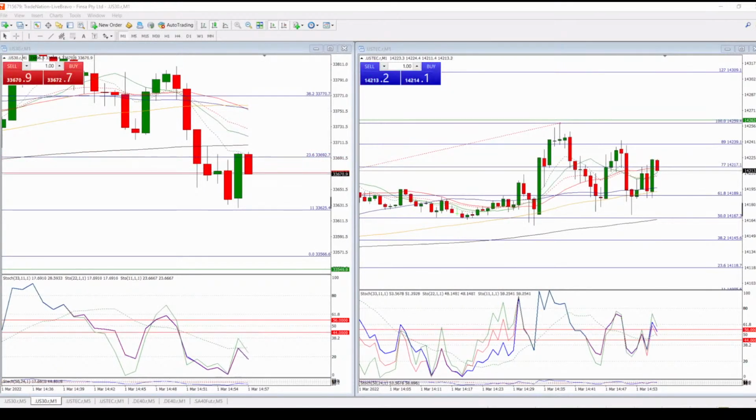Quite a huge range on the NASDAQ. I'm also fixing my levels here on the side. Not looking that great. The first target is about 60, almost 70 points. Not the worst, but not the best.